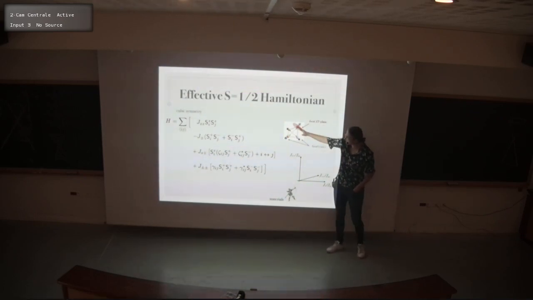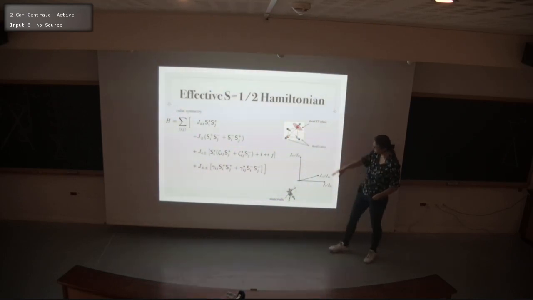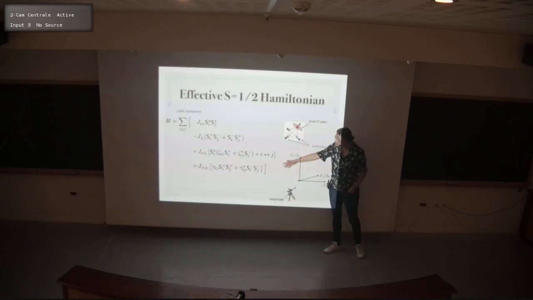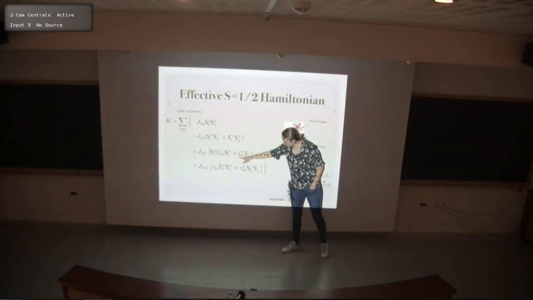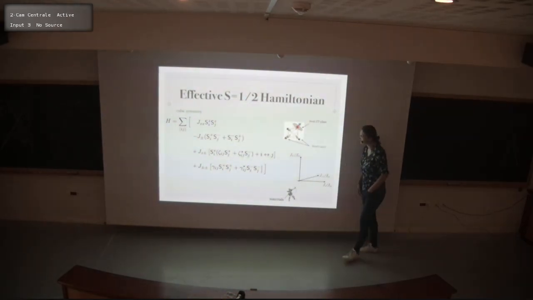The x and y axes lie in this plane, and there is some choice of them for which you can write this Hamiltonian in this way, which has the fewest coefficients in front.